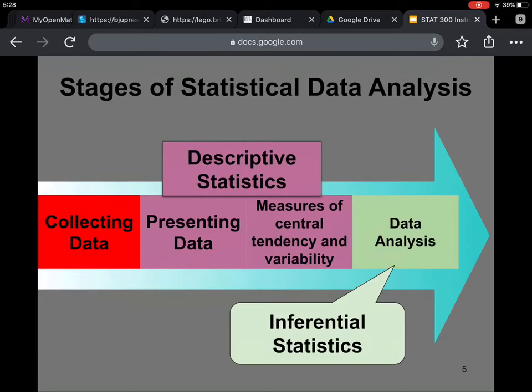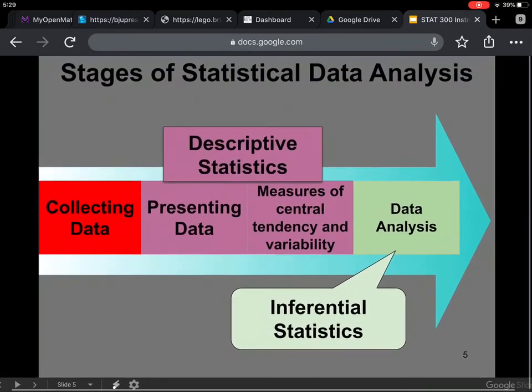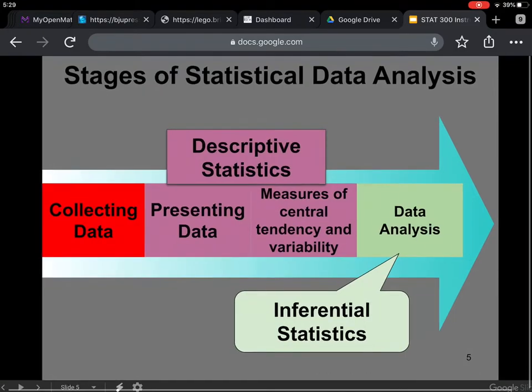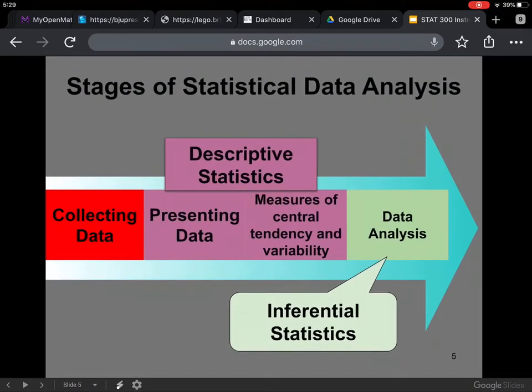Here's the statistical process in more or less a diagram. First we collect the data, then we present data, and then look at the measures of central tendency and variability.